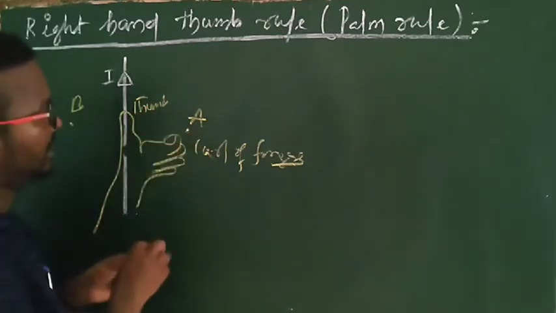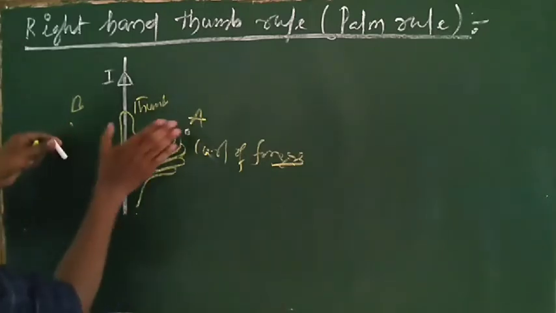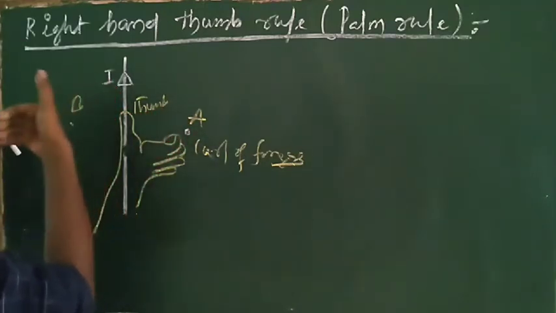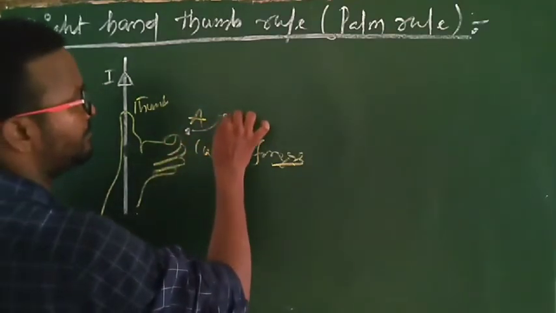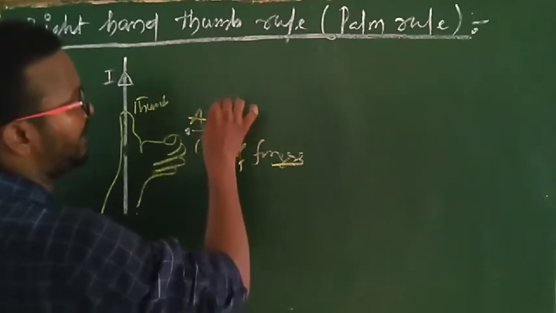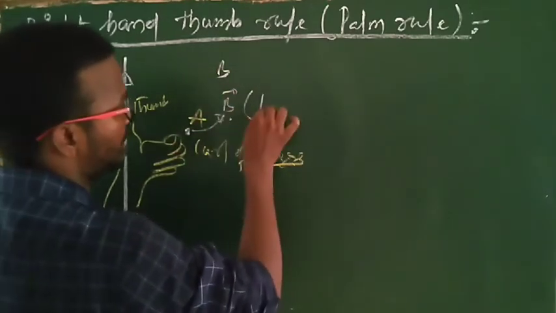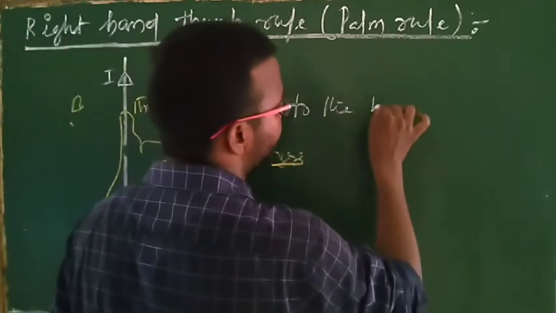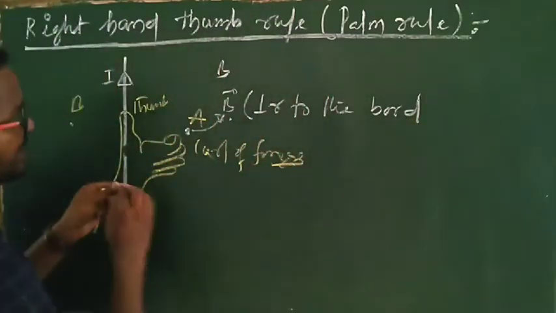So here the magnetic field is in the inward direction at point A, but at point B it is in the outward direction. The representation of the magnetic field is B. The direction of B is perpendicular to this board, which is the plane.